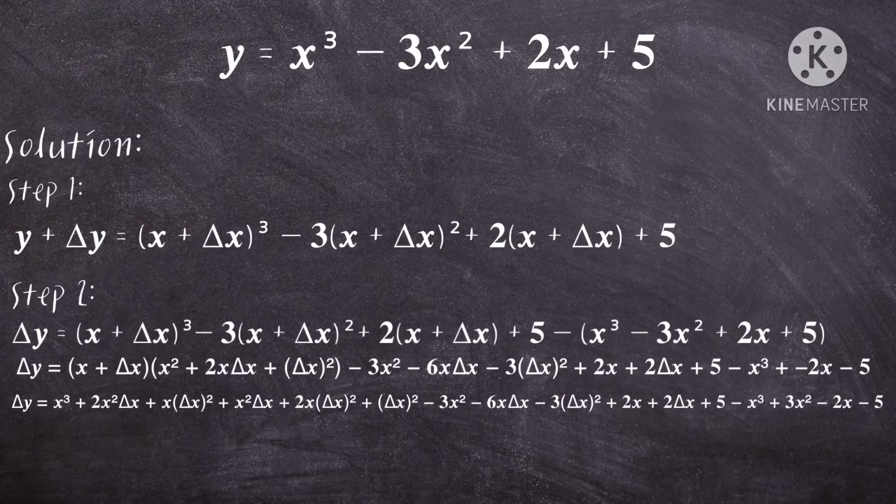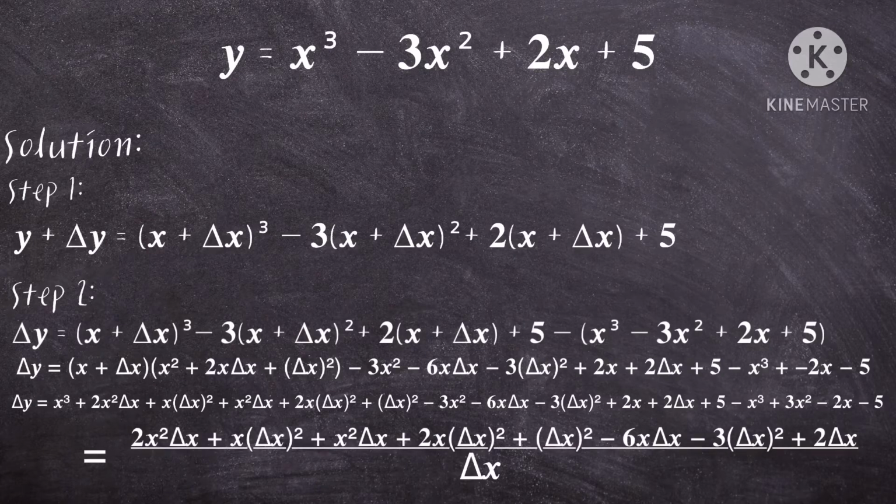The result for step 2 is 3x squared delta x plus 3x delta x squared plus delta x cubed, minus 6x delta x minus 3 delta x squared plus 2 delta x.